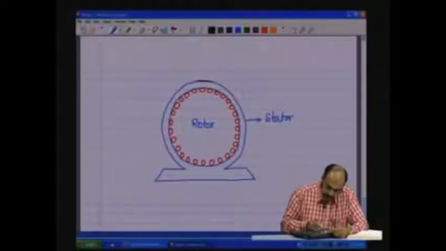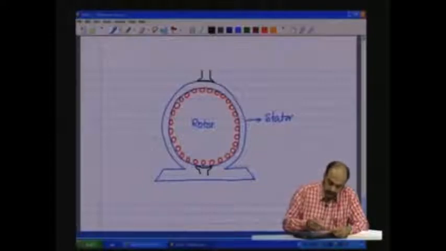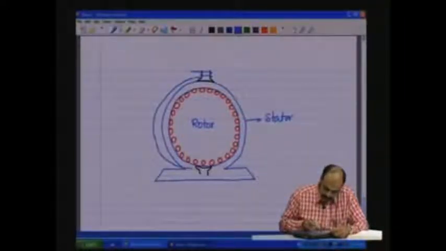Let us say we have some construction here, and you can have a coil here, and this coil goes around and connects to this pole, then comes out.